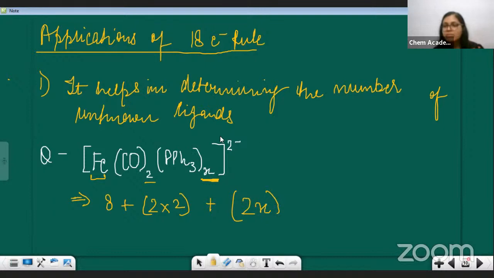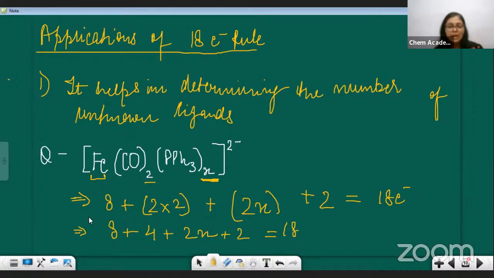Plus minus charge on the sphere, since the charge on the sphere is -2, so we are going to add +2, and this will be kept equal to 18. Now solving this, we will get 8 plus 4 plus 2x plus 2 equals 18. Solve for this and please tell me what should be the answer.